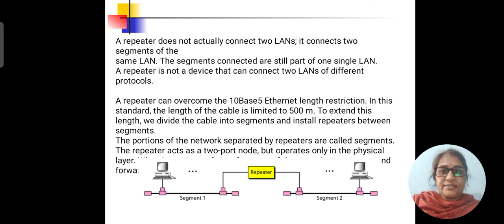To extend this length, we divide the cable into segments and install repeaters between the segments. The portions of the network separated by the repeaters are called segments. The repeater acts as a two-port node but operates only in the physical layer. When it receives a frame from any of the ports, it regenerates and forwards it to the other port.